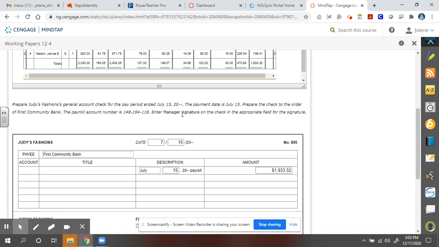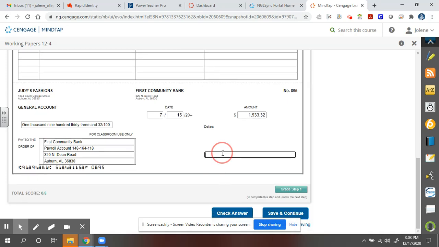And the instructions right here say enter manager signature. So right here, we're just going to type in manager signature. This is just like on page 364 of your book.